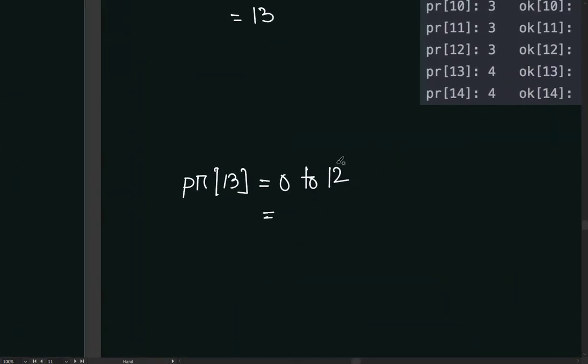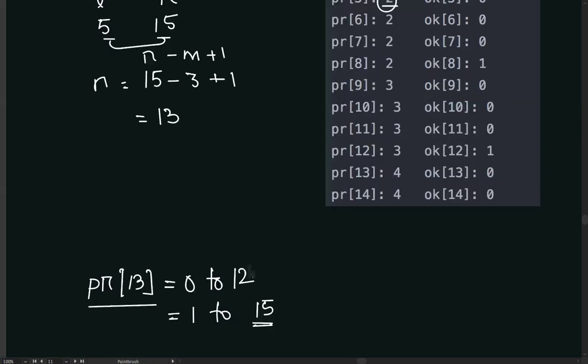I've written 1 to 15 here just to show you that we are asked to check starting from 5 till 15 from a one-based perspective, and although we are starting from 1, we have actually made our search until index 15 in one-based indexing.